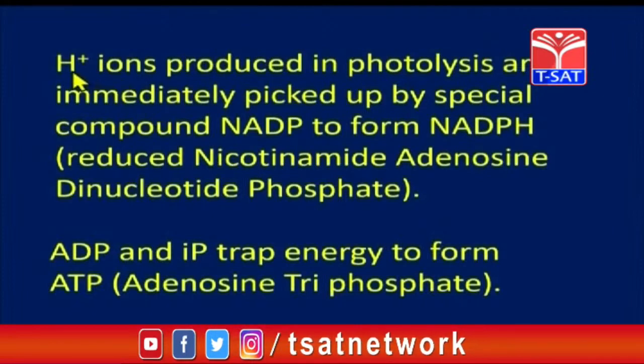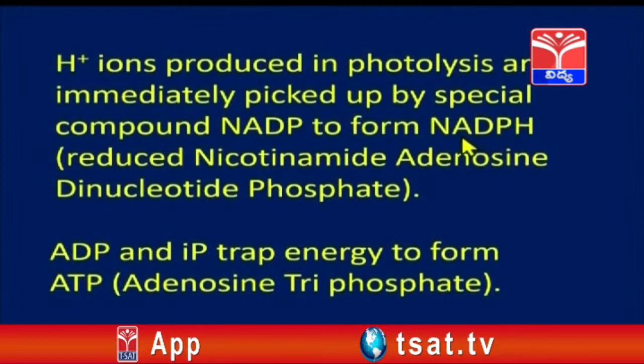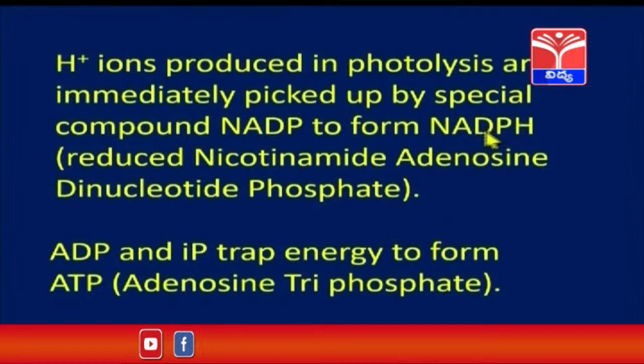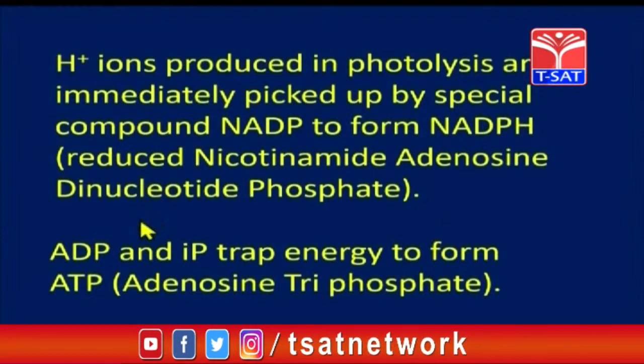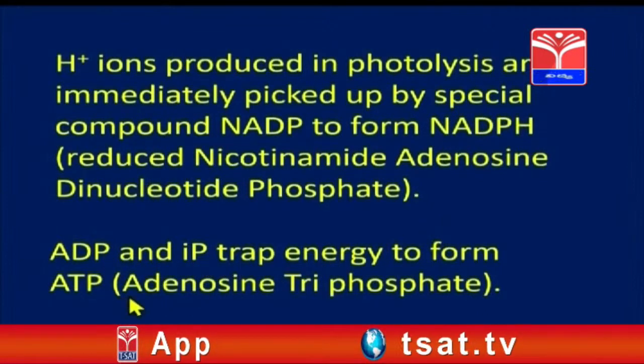And because the H plus ions are picked up by NADP, NADP is getting converted to NADPH, that is nicotinamide adenine dinucleotide hydrogen phosphate. So, this is the importance of H plus ions. Next, it also combines with ADP and inorganic phosphate, trapping energy to form adenosine triphosphate.